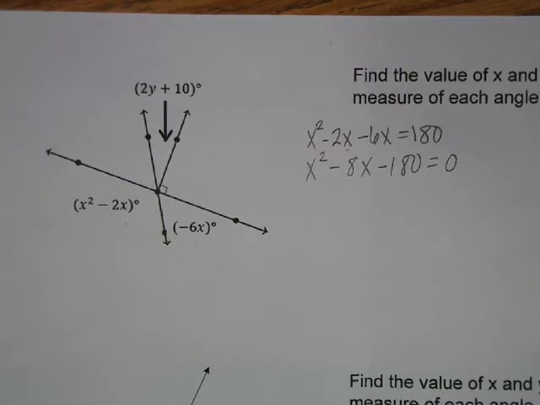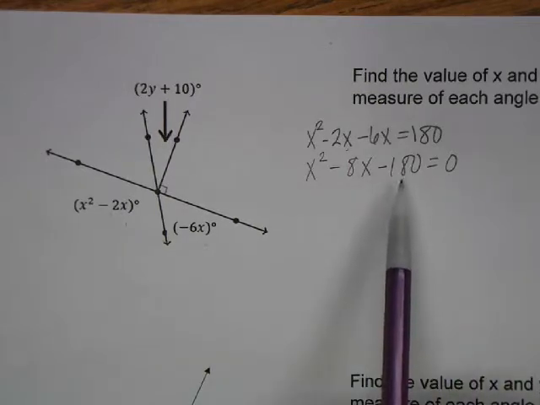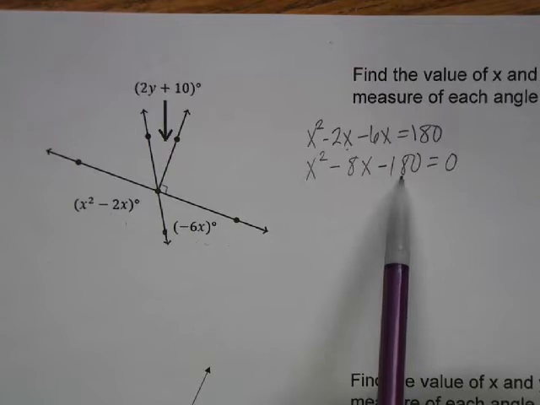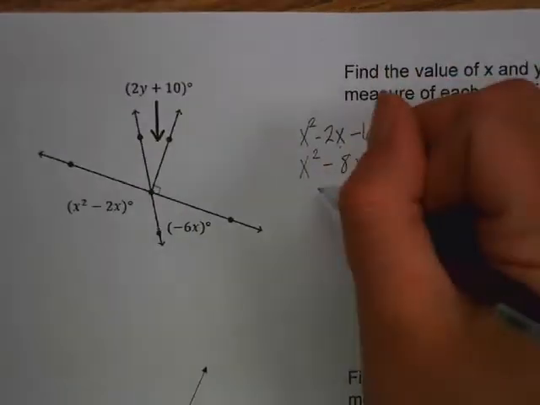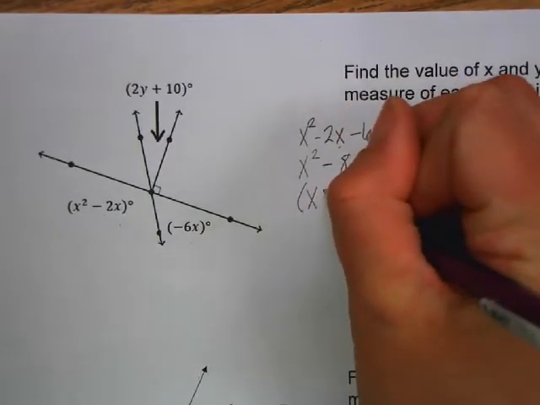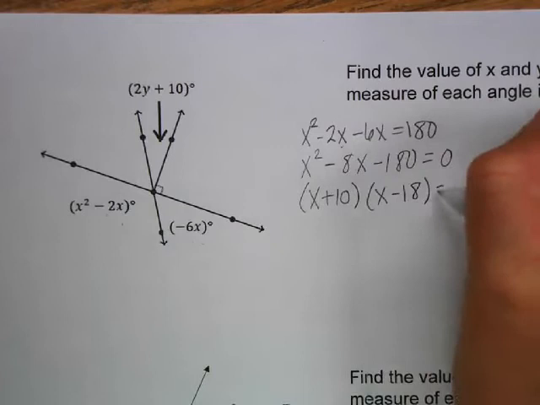And just like any quadratic equation, you could either factor this or put it into the quadratic formula. I'm going to go ahead and factor this because I know that negative 18 and positive 10 multiply to give you negative 180 and add to give you negative 8. So positive 10 and negative 18.